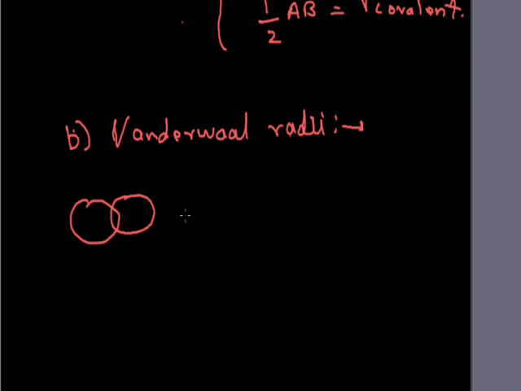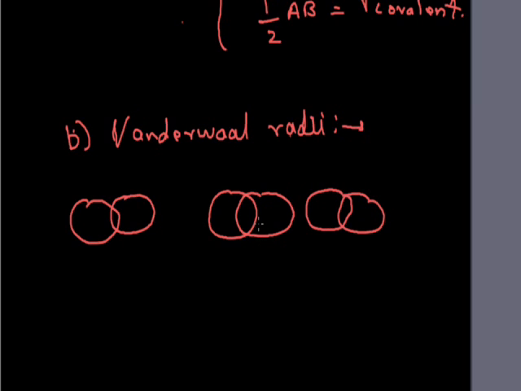Now in this, let us consider two different molecules of chlorine which can be said to be overlapped as follows. So what will be van der Waals radii? It will be the distance between the centers of atoms of the different molecules.